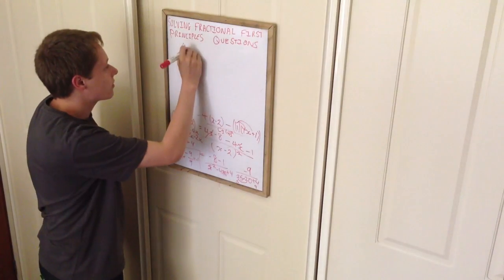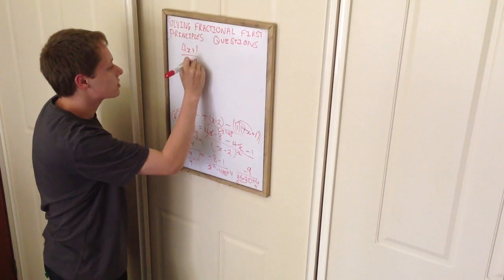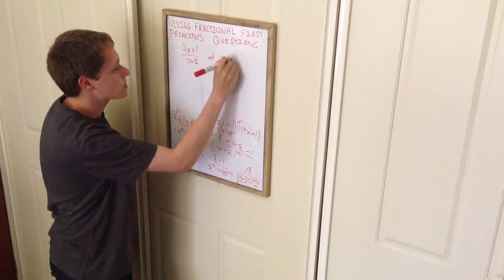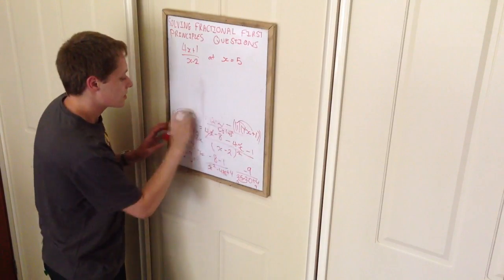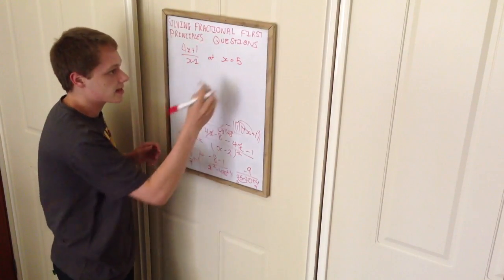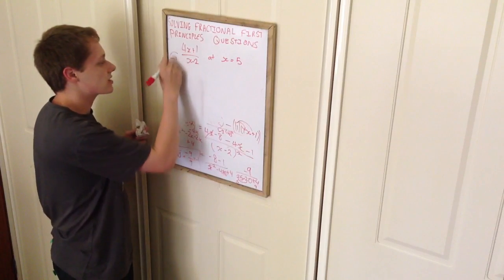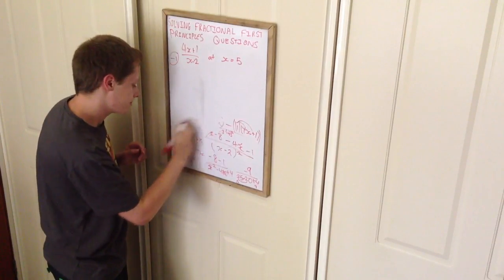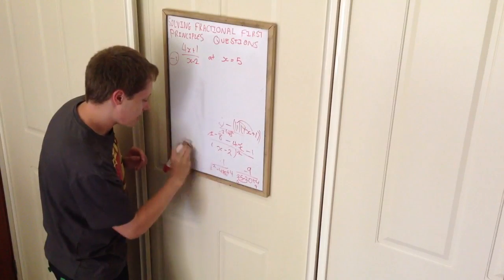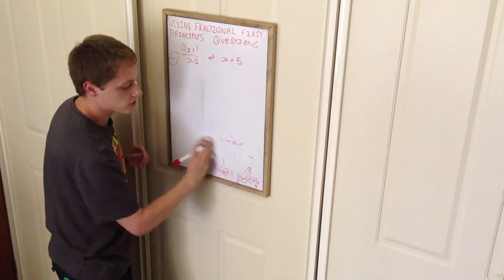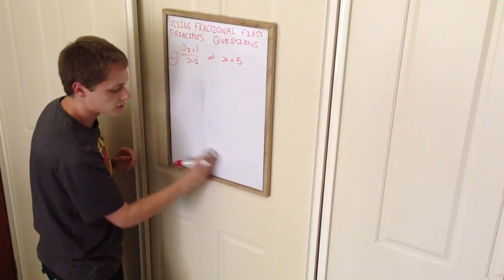So 4x plus 1 over x take 2 at x equals 5. Just so we remember it. And we remember that our slope of the tangent is meant to be negative 1.